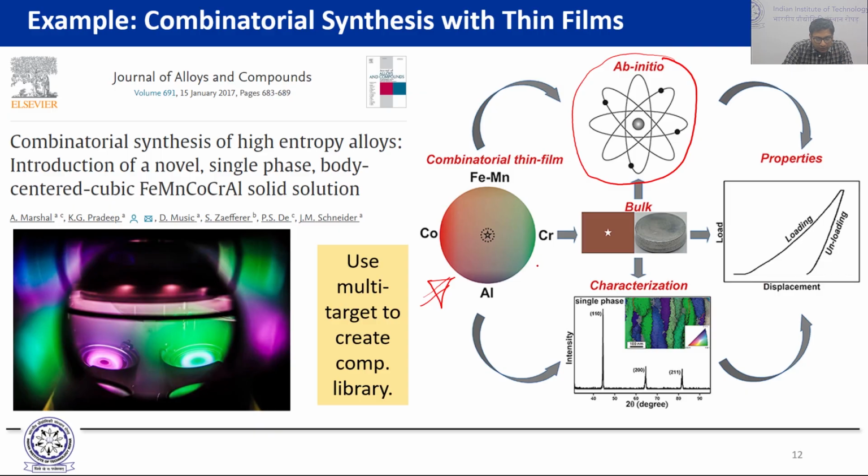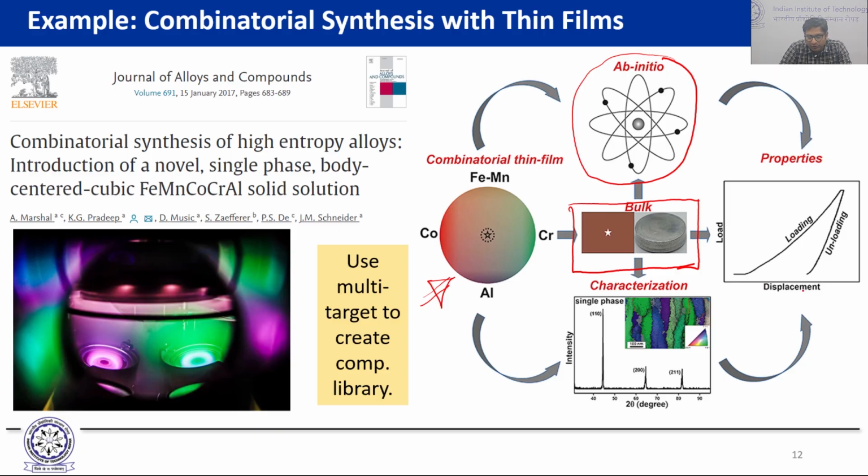So, they used this type of technique in order to synthesize a film, or in another case, even a bulk pellet with a gradient of composition. They characterized it, and they were able to figure out by using this type of EBSD mapping in which composition space you were actually having a single phase body centered cubic type of solid solution.